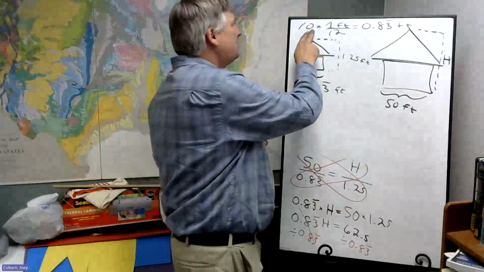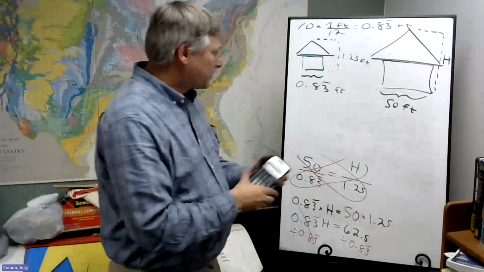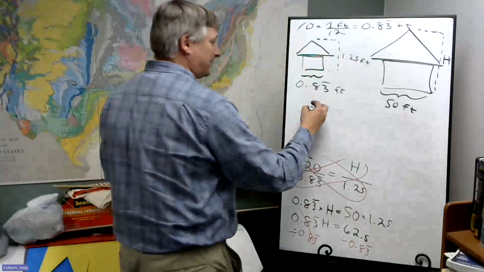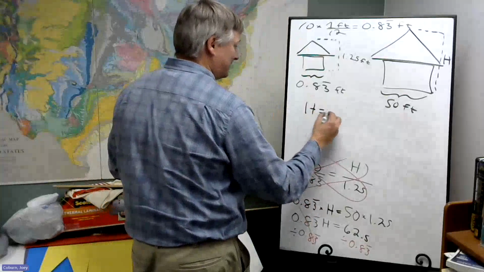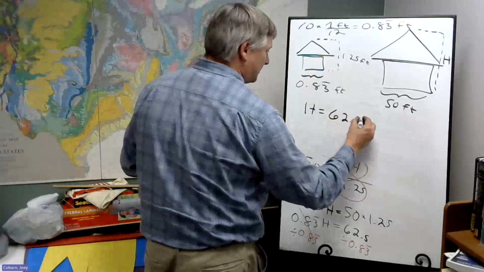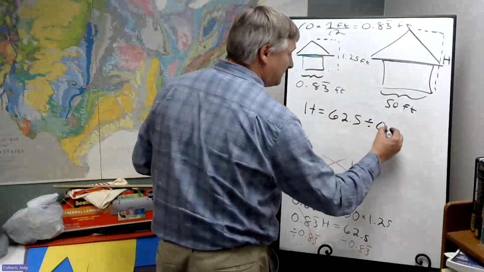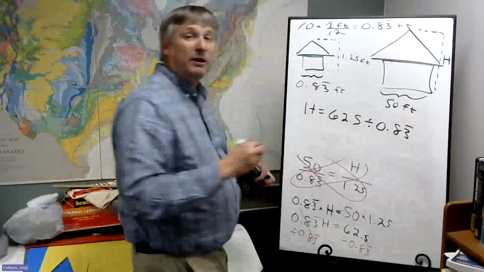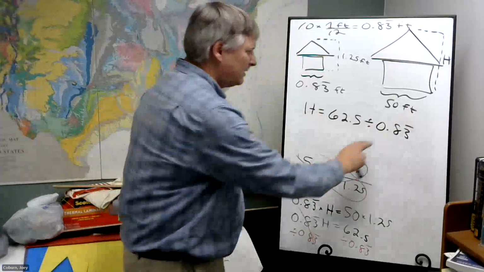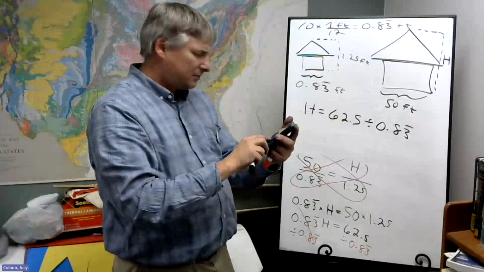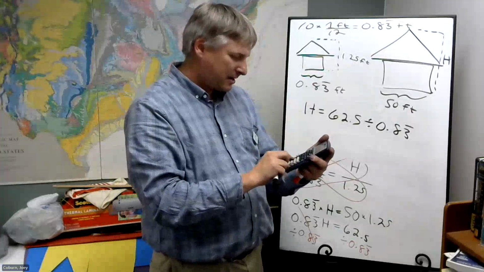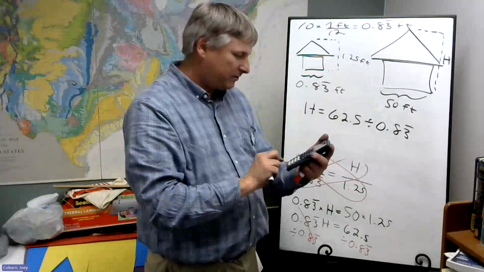So I'm going to redo this. What we're going to end up getting is the following. Let me set up the computation first. 62.5, H equals 62.5 divided by 0.83 repeating. So in my calculator, I'm going to do 10 times 1 divided by 12.